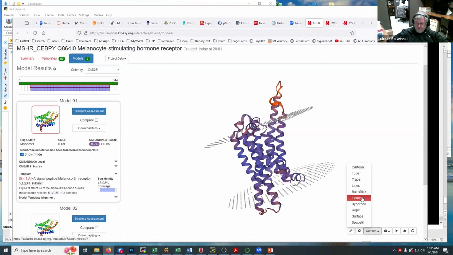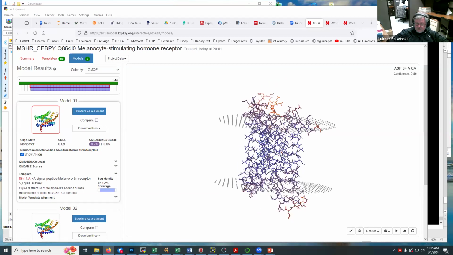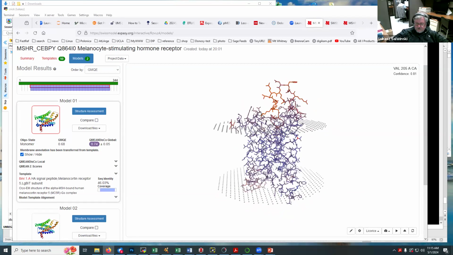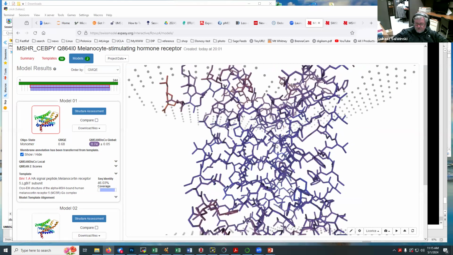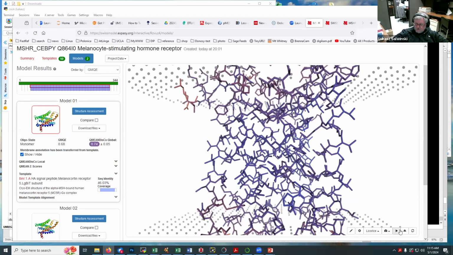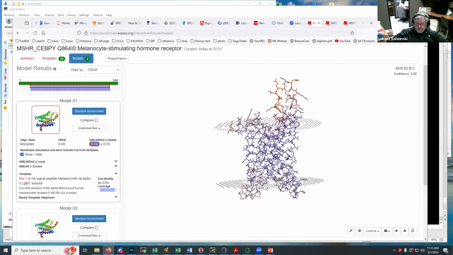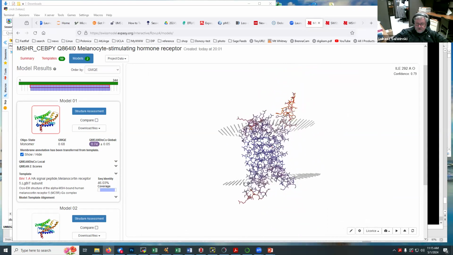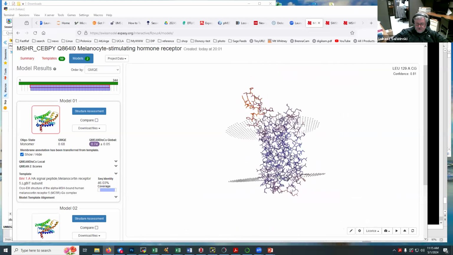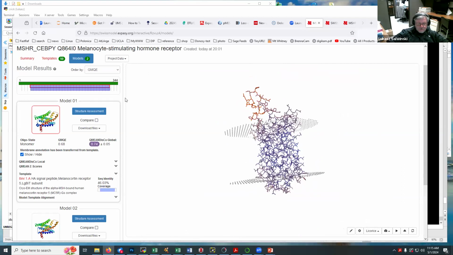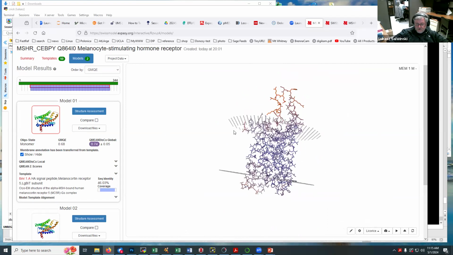This is the equivalent of sticks in Qt, and here's a stick representation, and there are different coloring schemes that you can pick and so forth. So functionalities here are very similar to Chimera. It's just a dedicated browser used to display results from the Swiss model program.